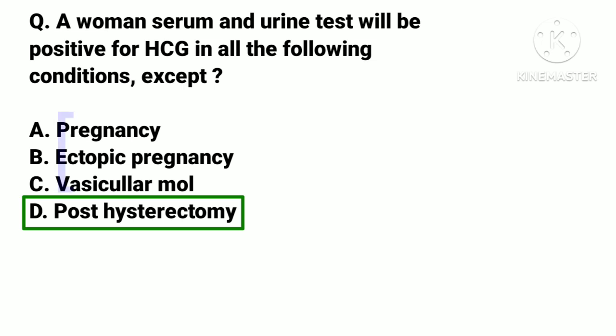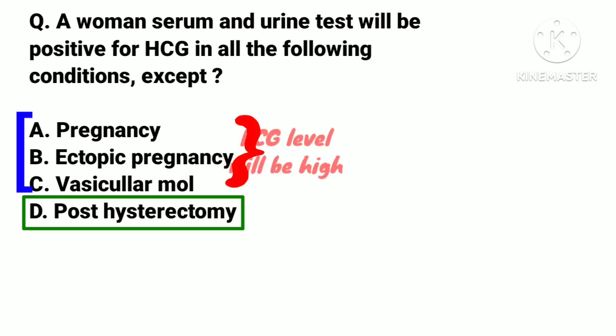In the above options, pregnancy, ectopic pregnancy and vesicular mole are conditions which are created only after fertilization. So the hormonal level of HCG will be high in serum and urine during these situations. But hysterectomy is a surgical procedure to remove the uterus.